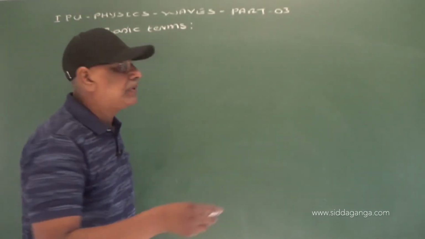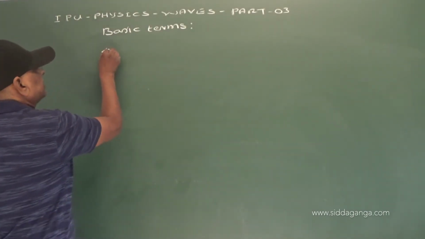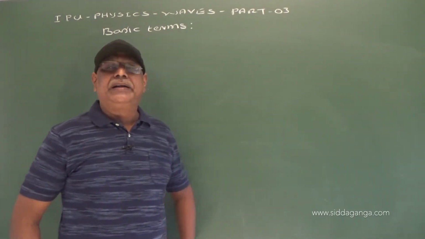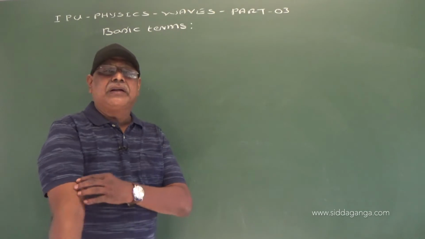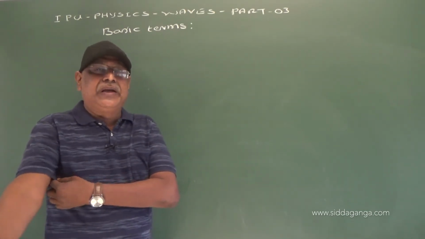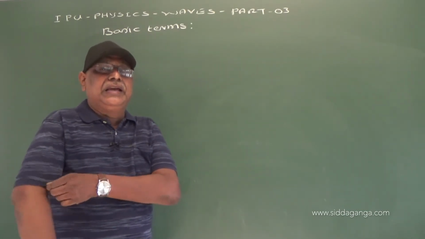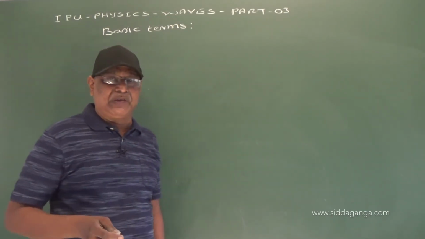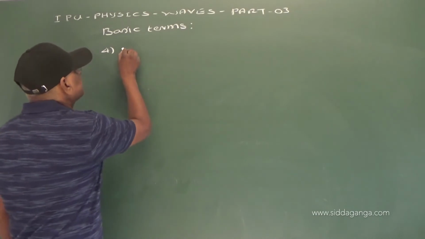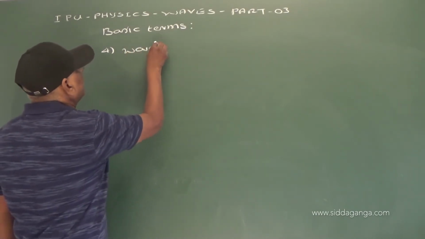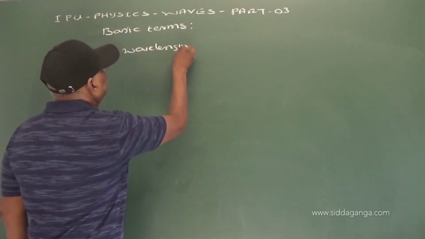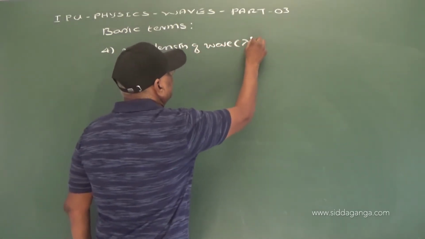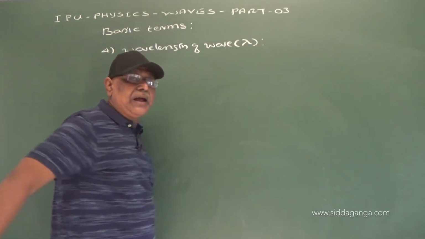Now the fourth important term, first time we are using in the study of oscillation and waves, is the wavelength of wave, denoted by the symbol lambda.